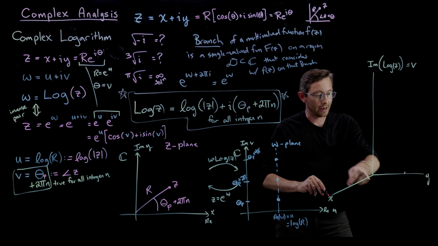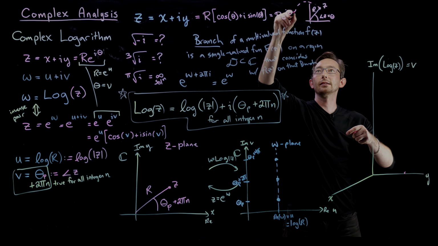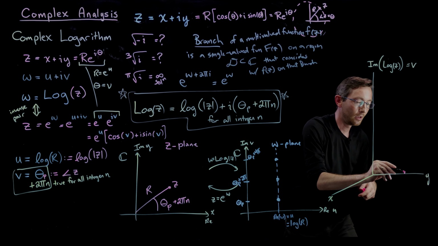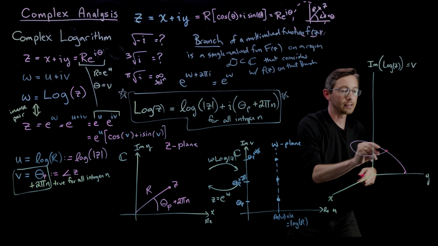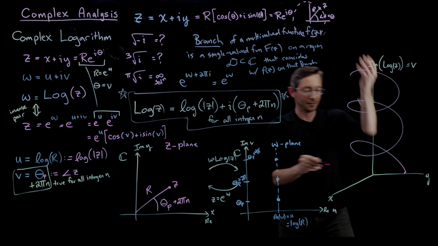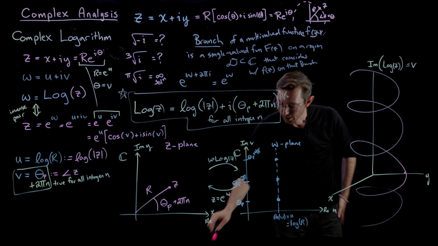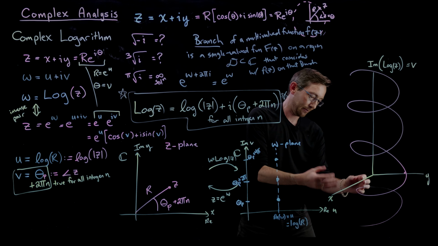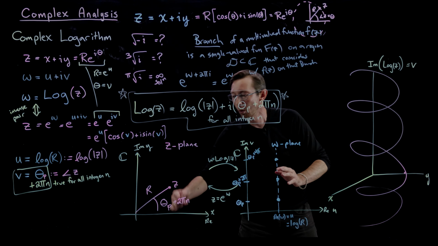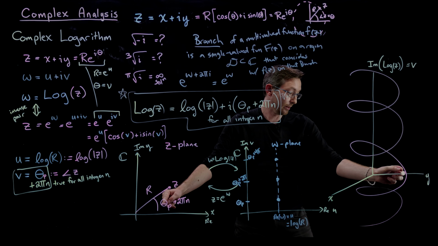And as I go around in this complex plane, as I clock this thing around 2 pi, 4 pi, 6 pi, 8 pi, this essentially winds up almost like a spiral staircase in this phase angle. So this is kind of a weird picture. But what this means is that if I take my complex plane here and go around in one circle, I add 2 pi to this principal angle.